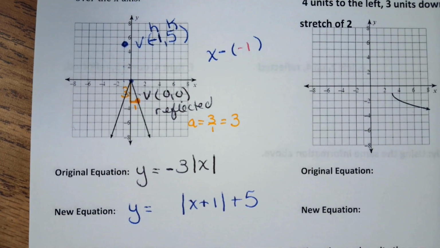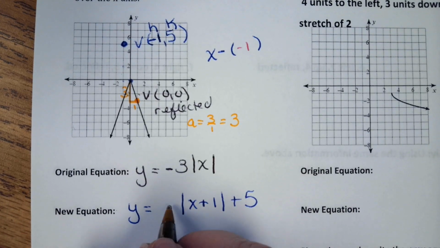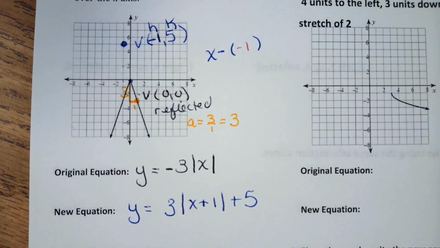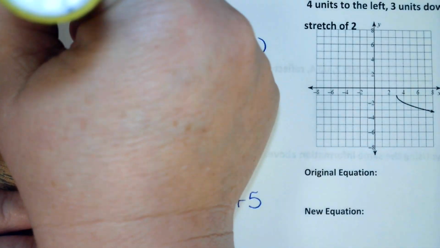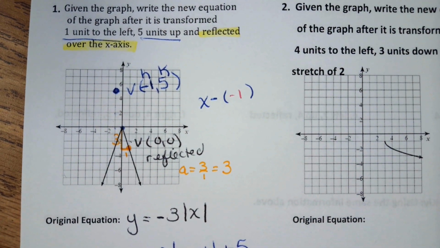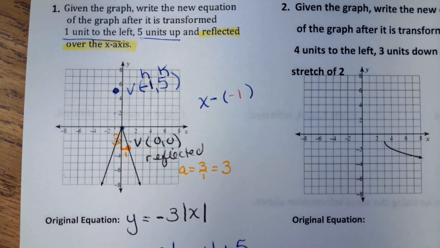Did it say that we shrunk or stretched any more than we already had? No, so the 3 is still there. But what's happened now, it said it reflected over the x-axis. So if it was originally opening down, when you reflect it, it's now going to open up.